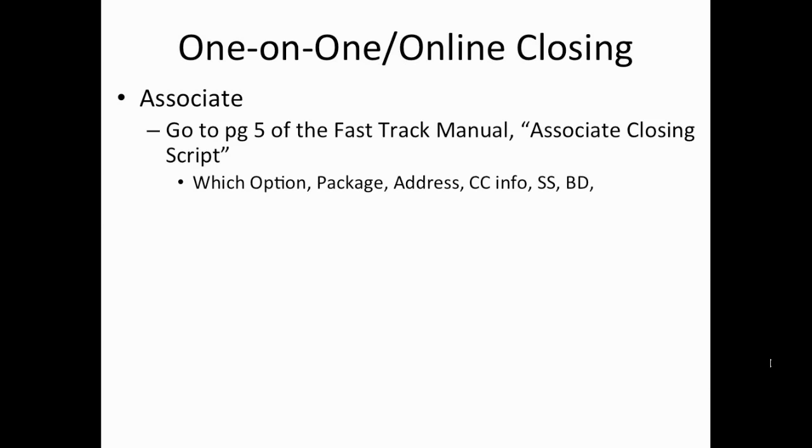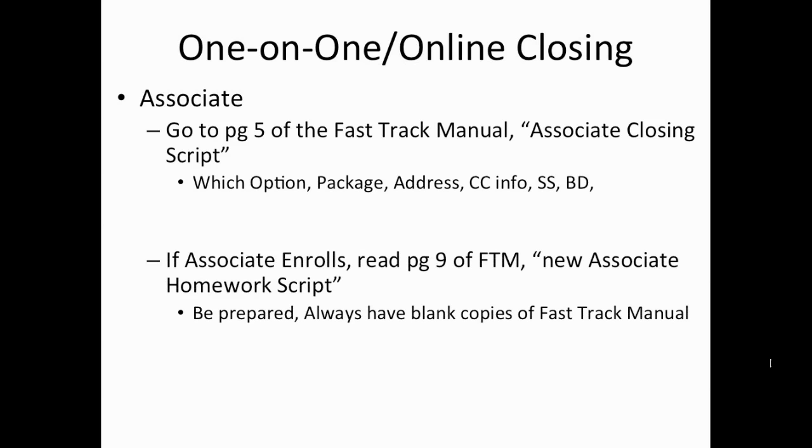Figure out their choices, get down their address, credit card information, social security, birth date, basically fill out the getting started form. So once the associate enrolls, I turn to page 9 of the fast track manual, and I'll read the new associate homework script.